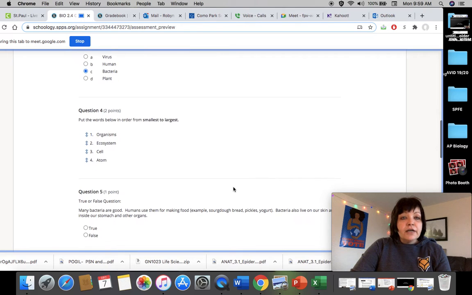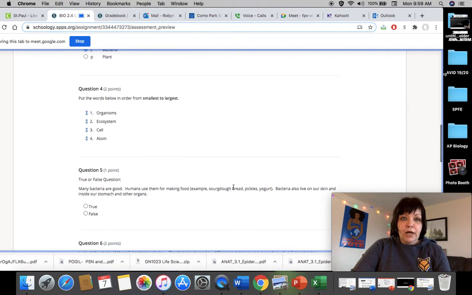Question 4, this one a lot of people got wrong. It says put the words in order from smallest to largest. So I was hoping that you would know that the atom was the smallest thing that could be considered an entire thing.